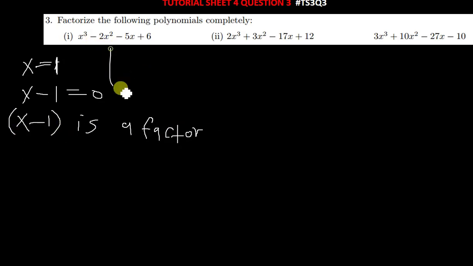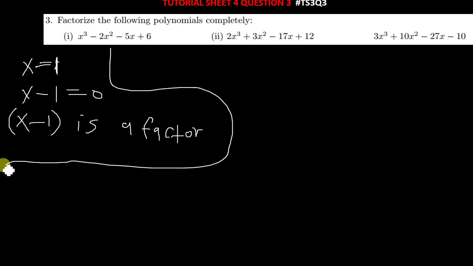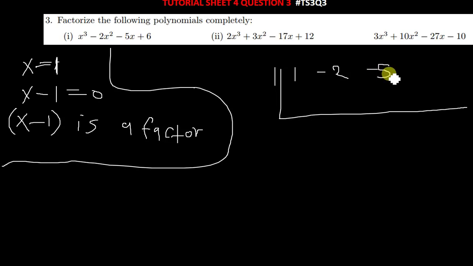So now after finding one factor there, you can now either use synthetic division or long division to find the other factors. So how do you do that? Our x is equal to 1. So I'll write my 1 there, and then I'll write the coefficients of my function there. We have 1, we have -2, we have -5, then we have +6.